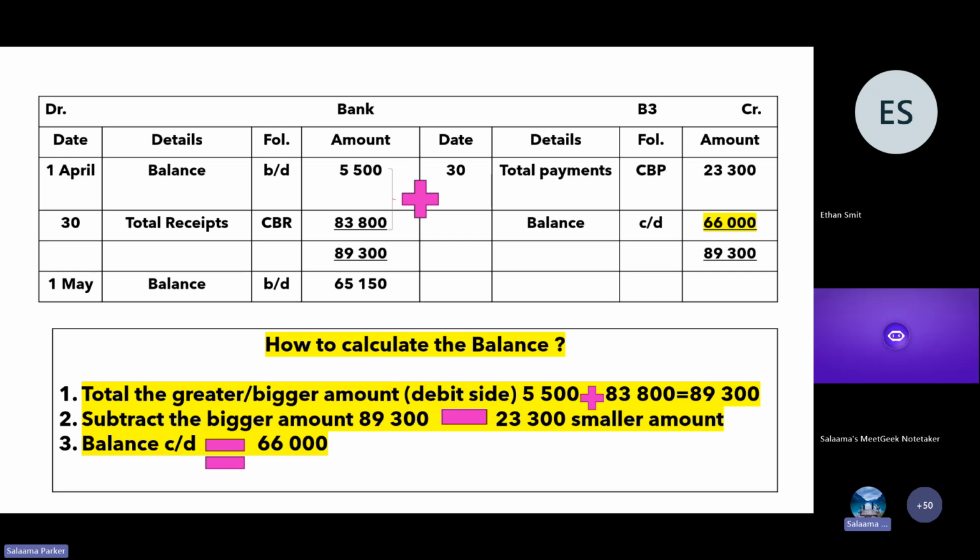So you total up the two amounts on the debit side, which is the greater or bigger amount. Always remember the totals on either side must be the same. Then you subtract the smaller amount, and that will give you your balance.